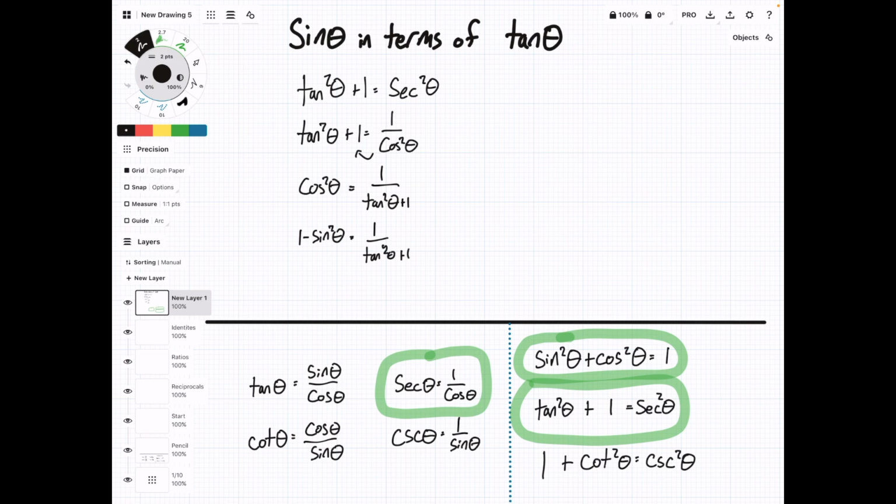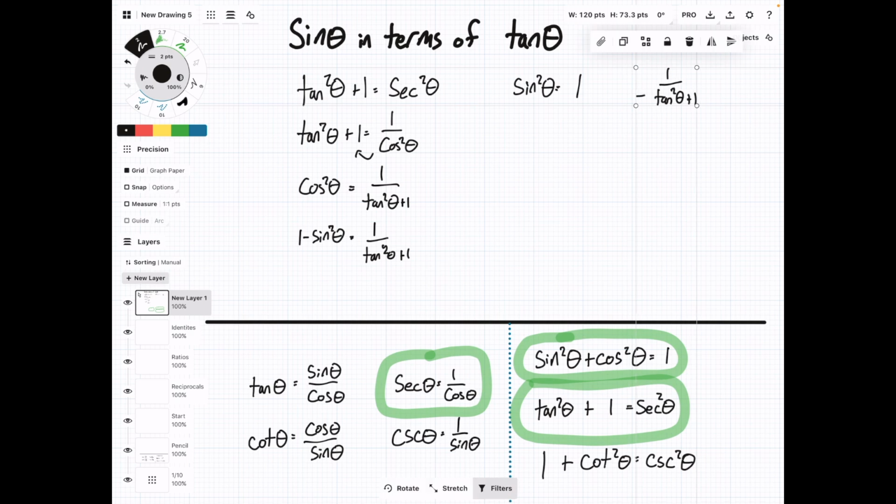Then we can solve for sine squared. So I'm going to bring the sine across the other side and subtract 1 over tangent squared theta plus 1. So this becomes sine squared theta equals 1 minus 1 over tangent squared theta plus 1. And then we want to get this first term with the same denominator.